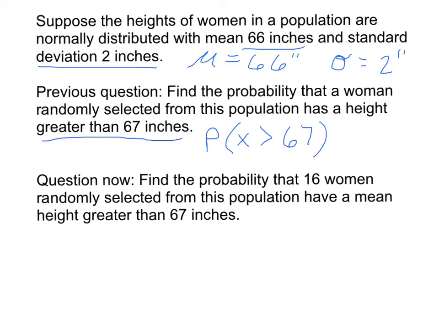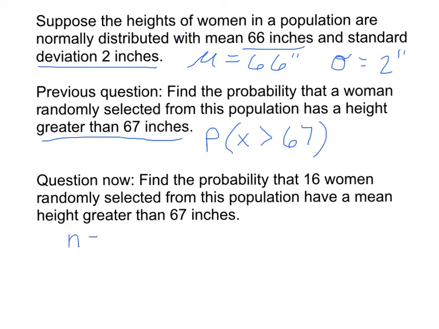Now when we're dealing with sampling distributions, the question's going to change a bit. It looks similar, but there are some very important differences. Now we want to find the probability that 16 women randomly selected from this population have a mean height greater than 67 inches.